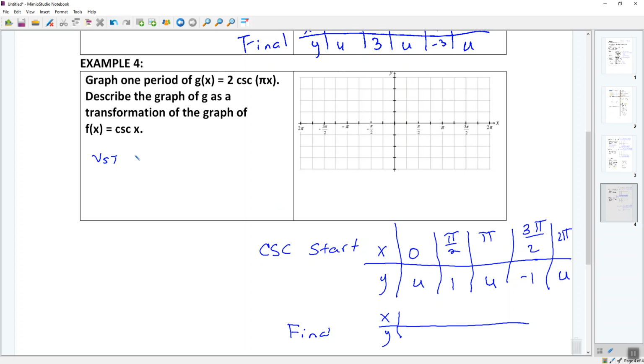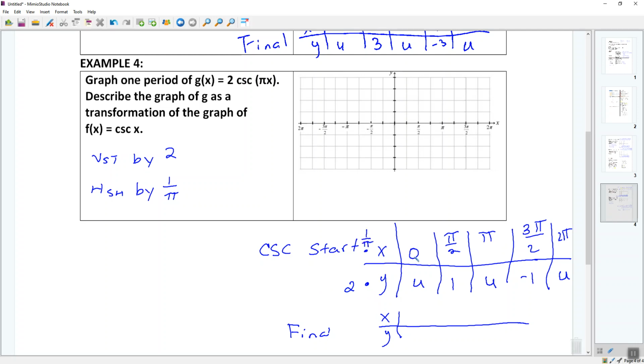Vertical stretch by 2, and a horizontal. You guys agree a horizontal shrink by 1 over pi? Okay. So the y's are going to get multiplied by 2. We're going to multiply all the y's by 2. And we're going to multiply here everything by what? 1 over pi.